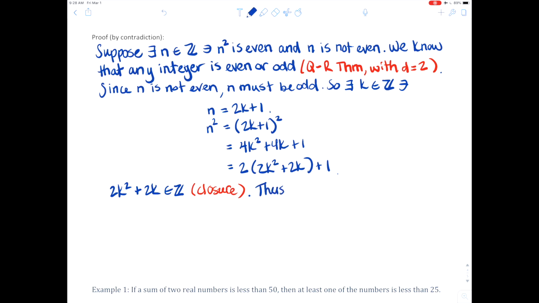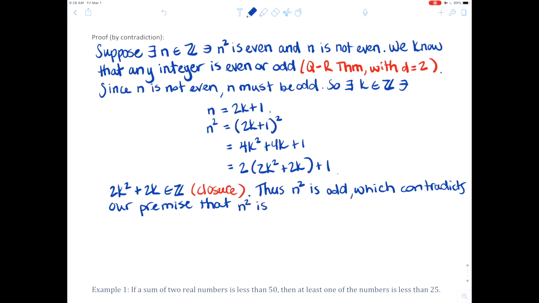Thus, n squared is odd, which contradicts our premise, right? Cool, cool.